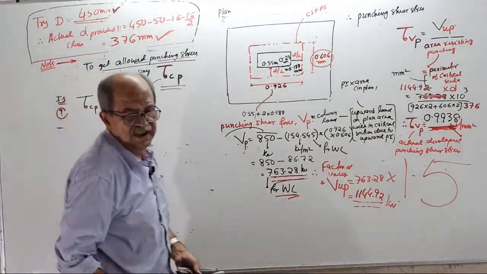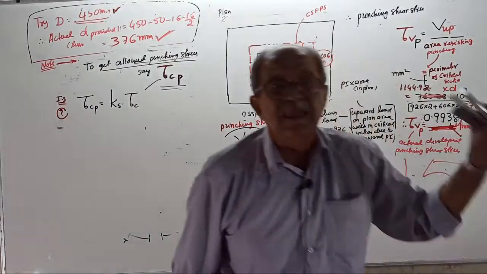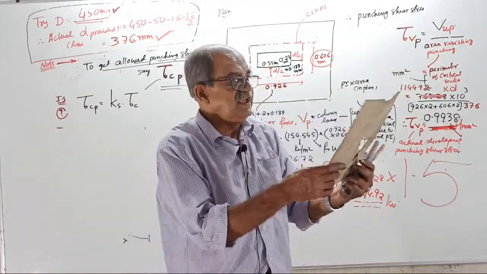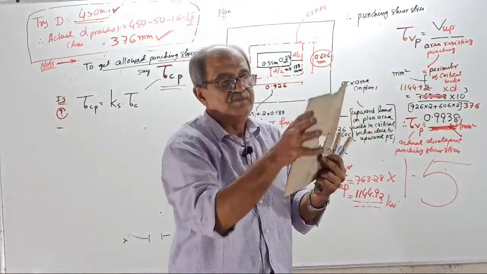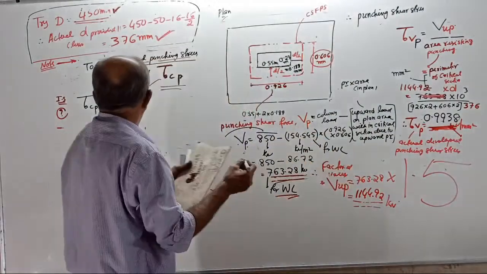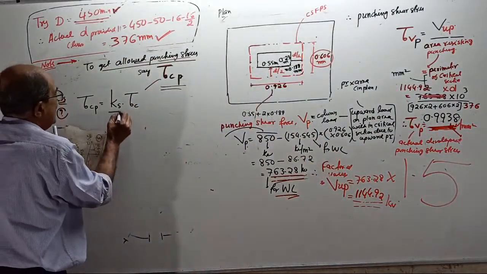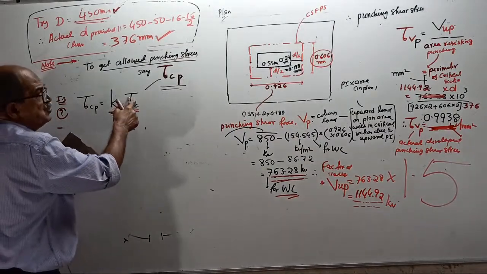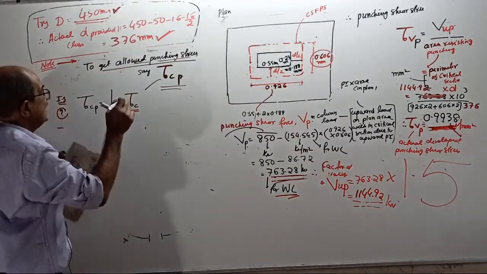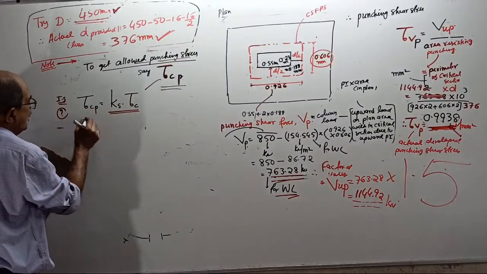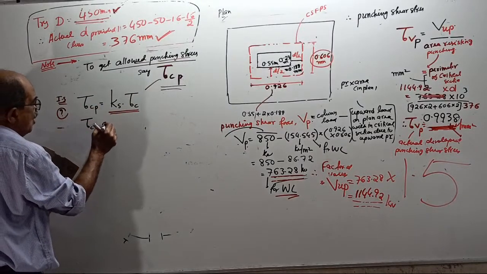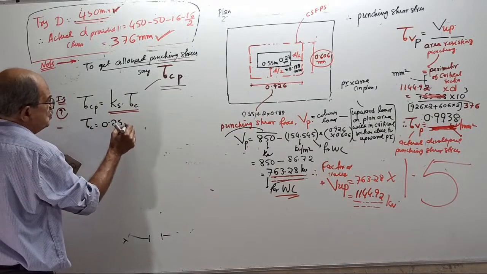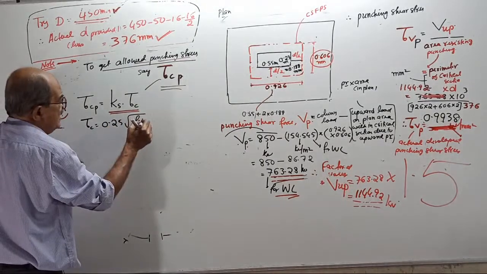So, time being, remember, this is my IS code. I can see. Yes, shear stress tau Cp equals Ks into tau C. Where they told this tau C is not that tau C. This is a punching tau C. Tau C is 0.25 into root FCK.